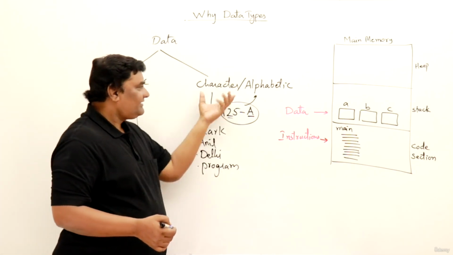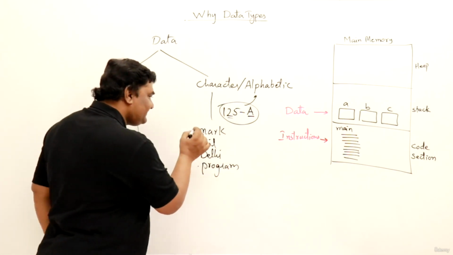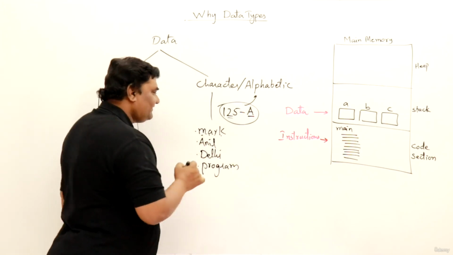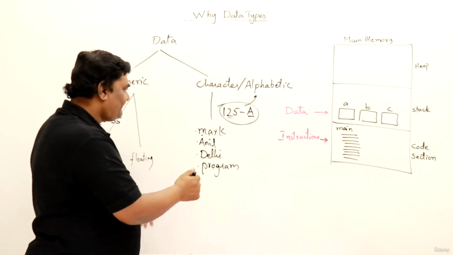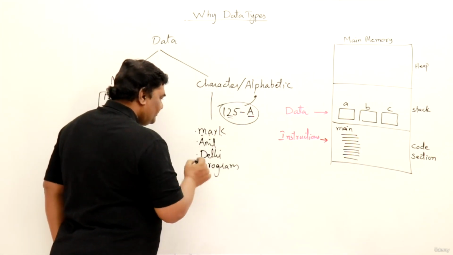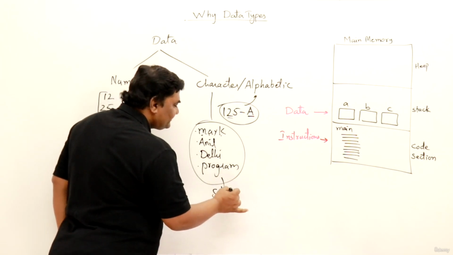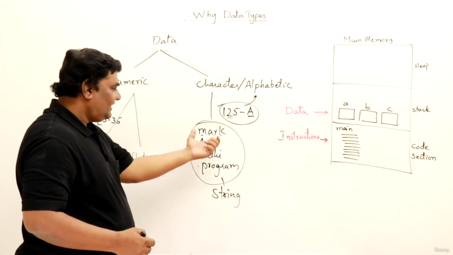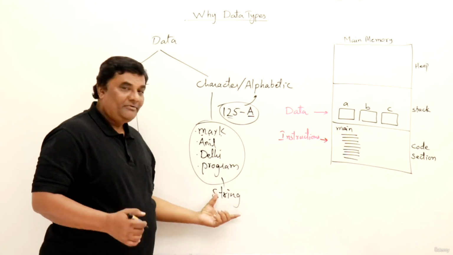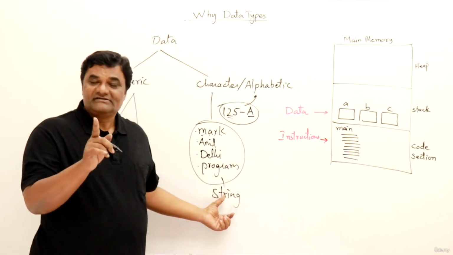These are nothing but characters. Actually, a character is just a single letter, right? But together they form a string. So we call this a string in our program. A string is nothing but a collection of alphabets or characters that form a single entity.